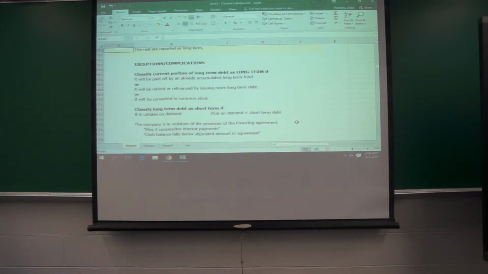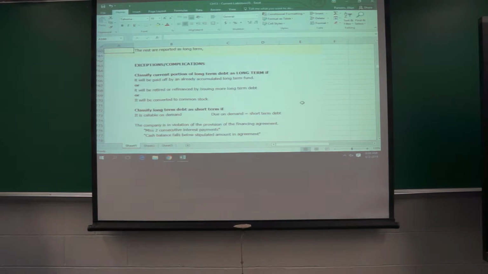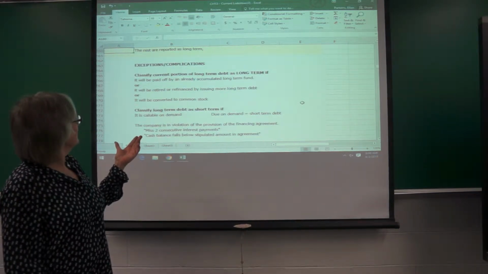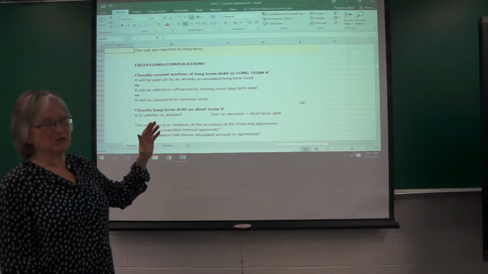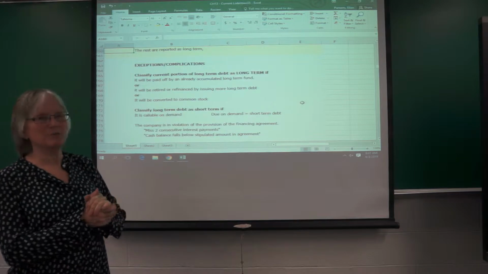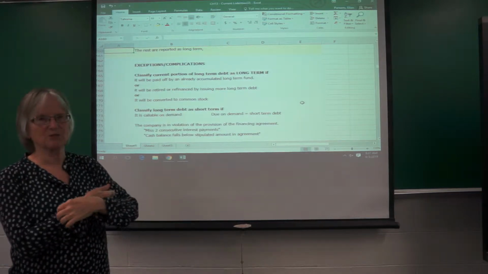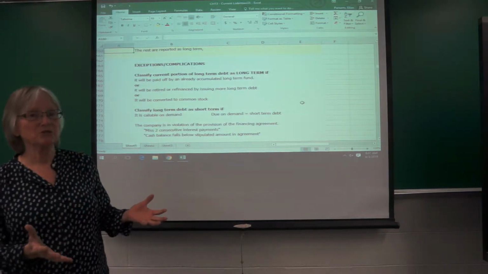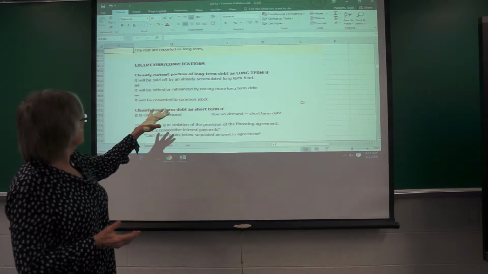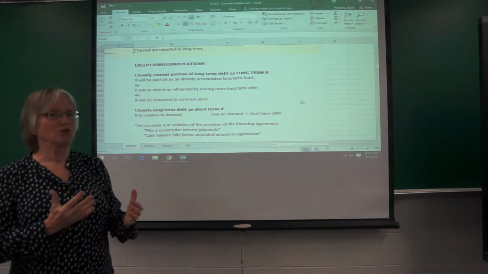One is you classify the current portion of long-term debt as long-term. In other words, you can classify it as long-term if it's going to be paid off by an already accumulated long-term fund. In other words, it's not going to use current assets to pay it off. Or it will be retired or refinanced by you issuing more long-term debt.